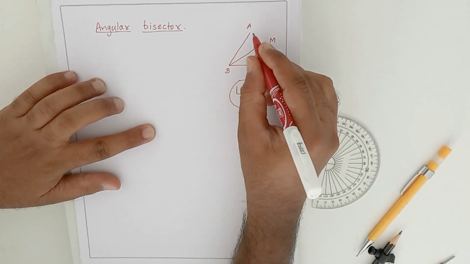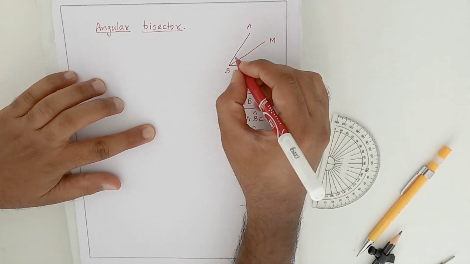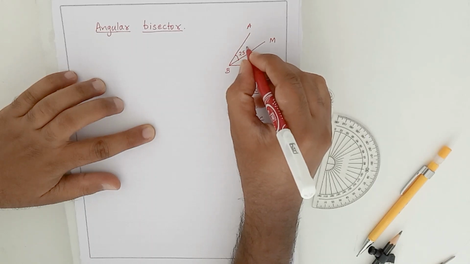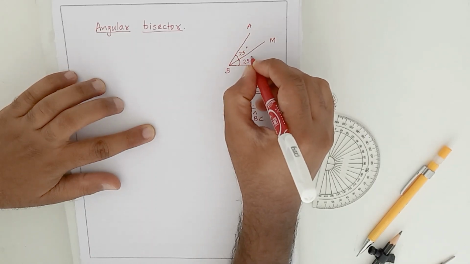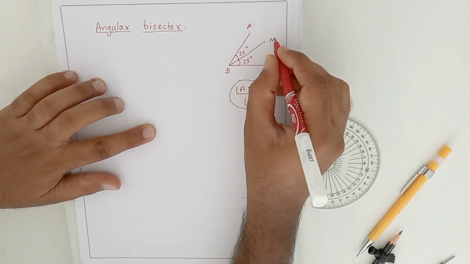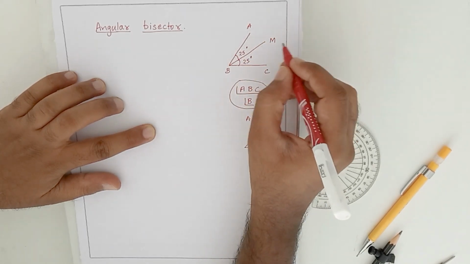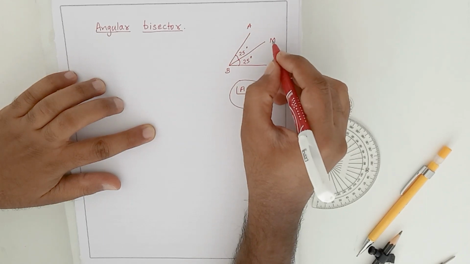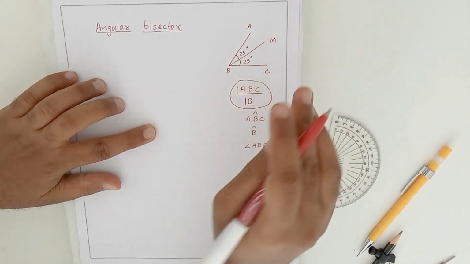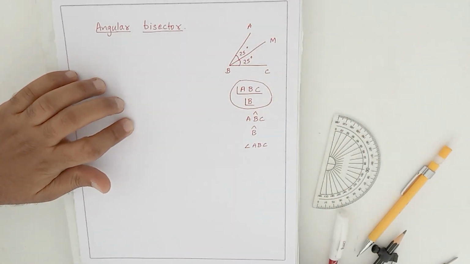If this line BM cuts angle ABC into 25 degrees and 25 degrees, then this is an angular bisector. So now earlier we had angle ABC, now we have two equal angles, angle ABM and MBC. This is the meaning of the word angular bisector.